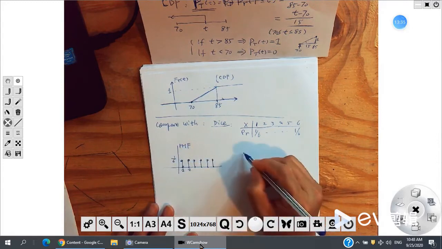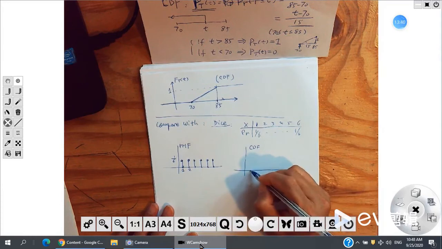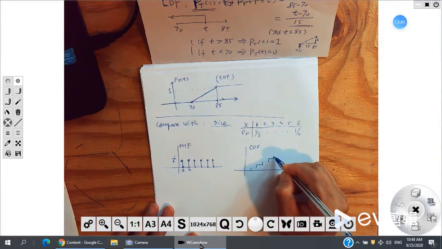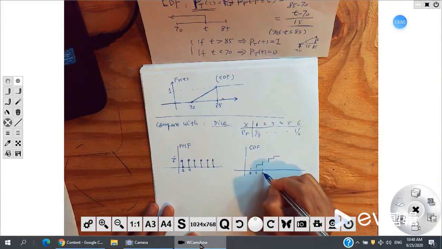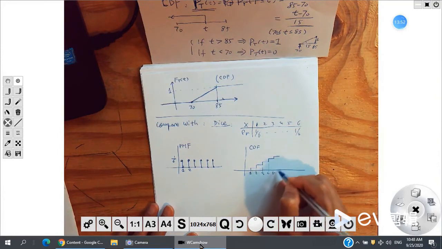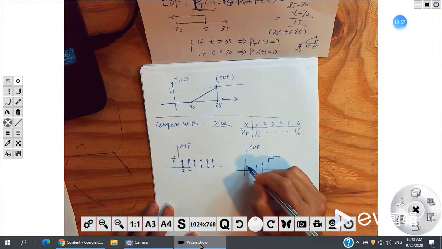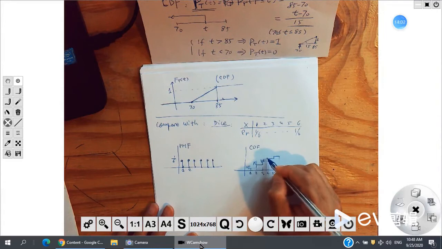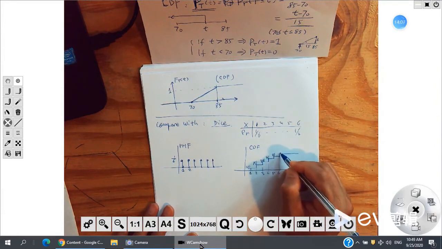And the CDF looks like stairs, going up through 1/6, 2/6, 3/6, 4/6, 5/6, and 6/6, which is 1.